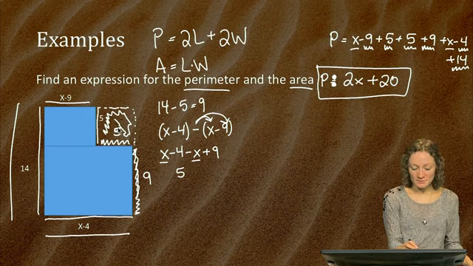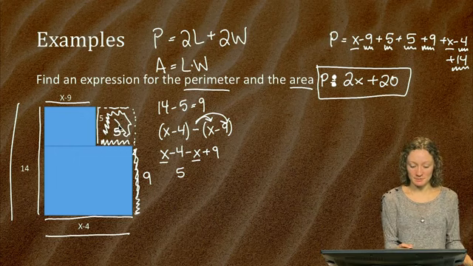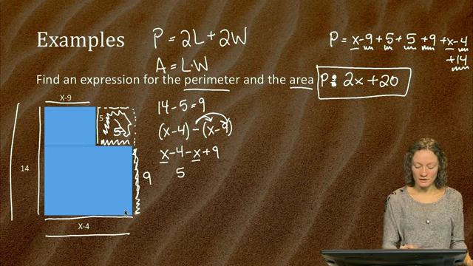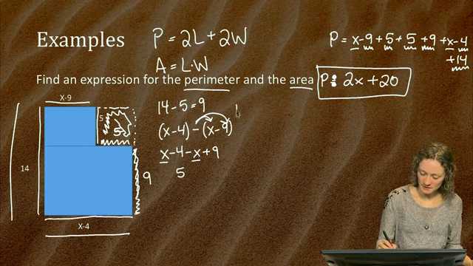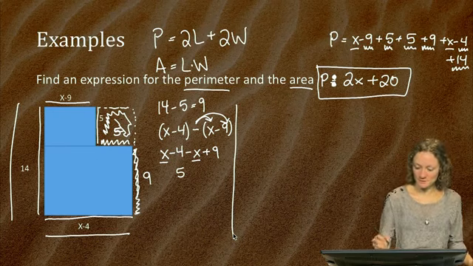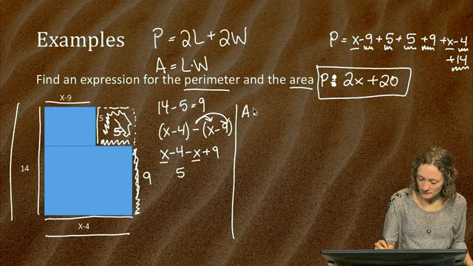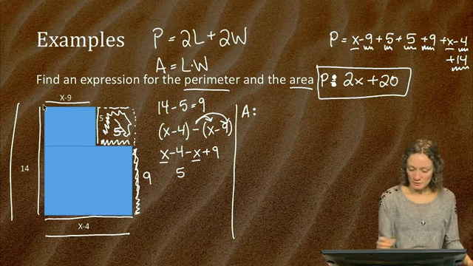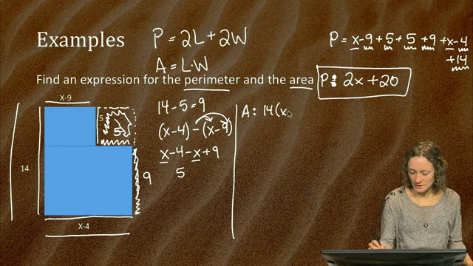So we can get rid of this piece by subtracting the area of this piece out. If we can get the area for the entire figure, including this non-existent space, and then subtract this out, then we have the area of the given figure. All right, so let's do that. Let's start this way. Area. So the area of the entire rectangle would be 14 times x minus 4.